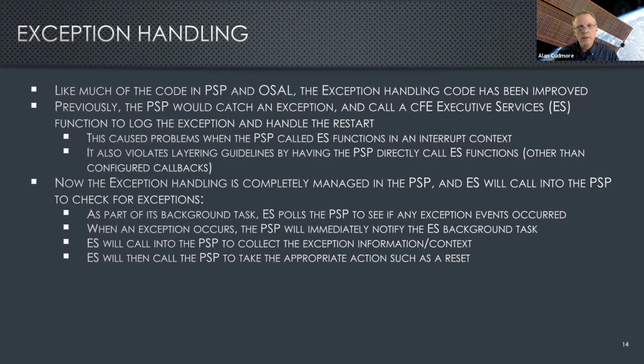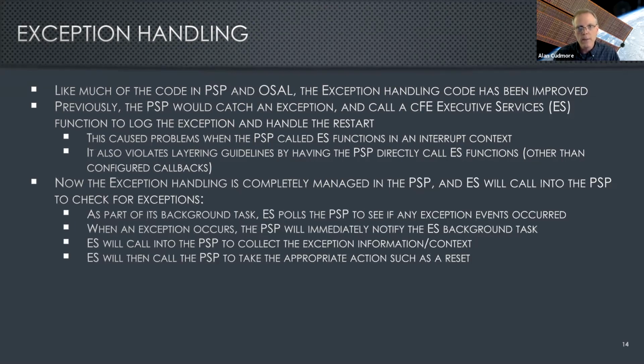So now the exception handling is completely managed in the PSP, and the CFE executive services will call into the PSP to check for exceptions. So here's a little bit about how that works. As part of its background task, executive services will poll the PSP to see if any exception events occurred. When an exception does occur, the PSP will immediately notify, or signal, the ES background task.